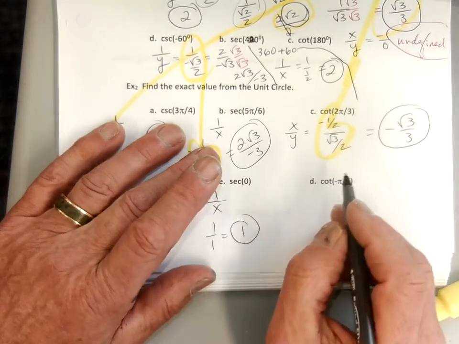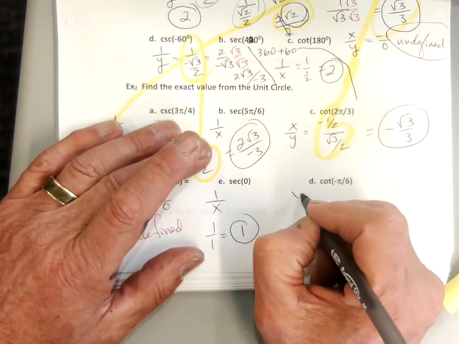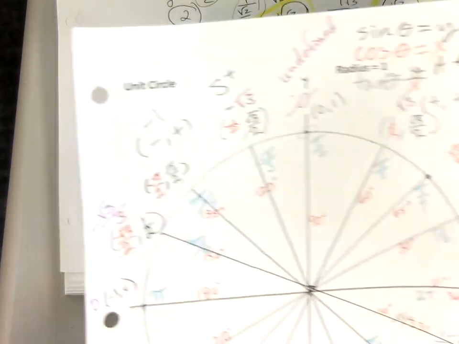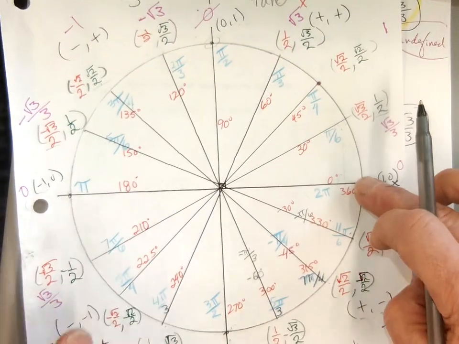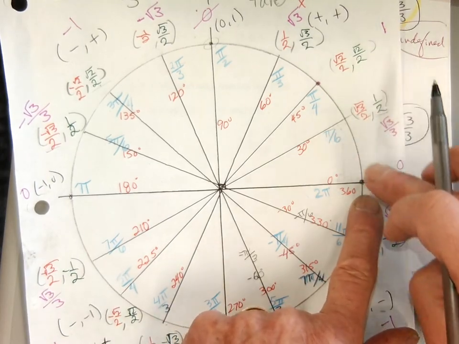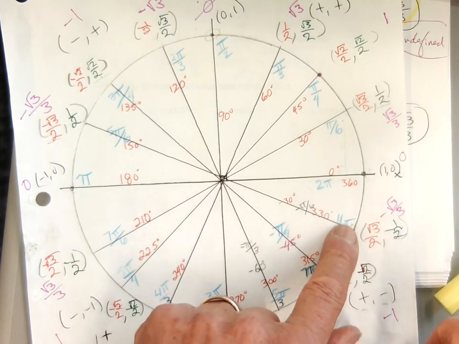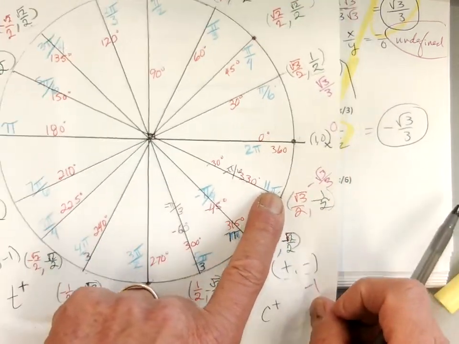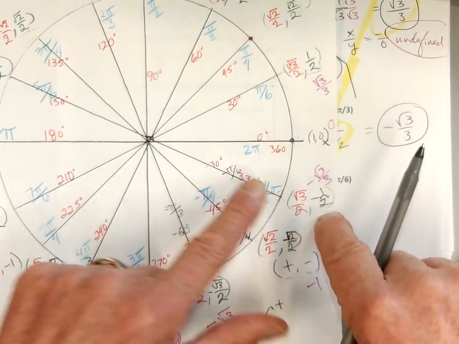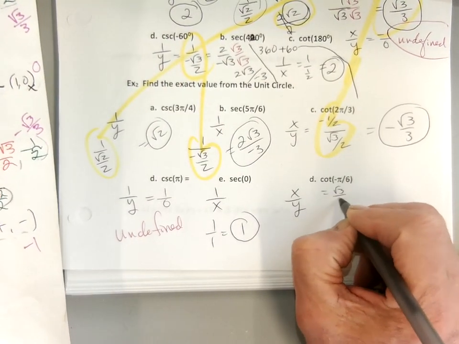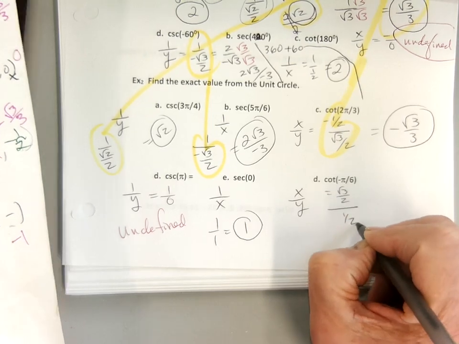Okay, cotangent is the x over the y, negative pi 6. Well, if pi 6 is a rotation to here, let's spin the tire backwards and go to here. And we're looking for a cotangent, which is going to be the x over the y. So it's going to be a square root of 3 over 2 over a 1/2.